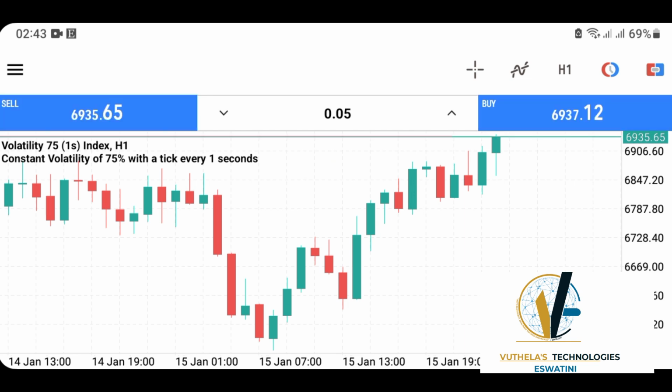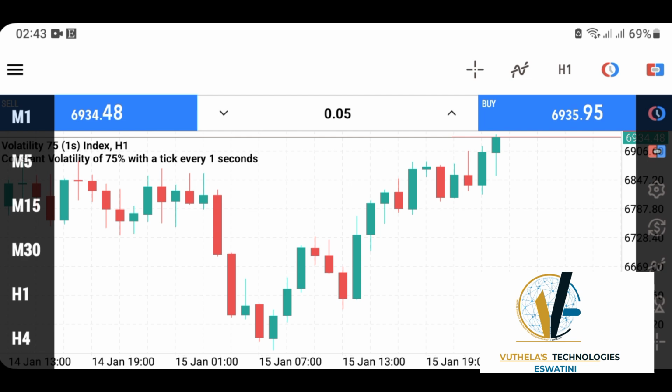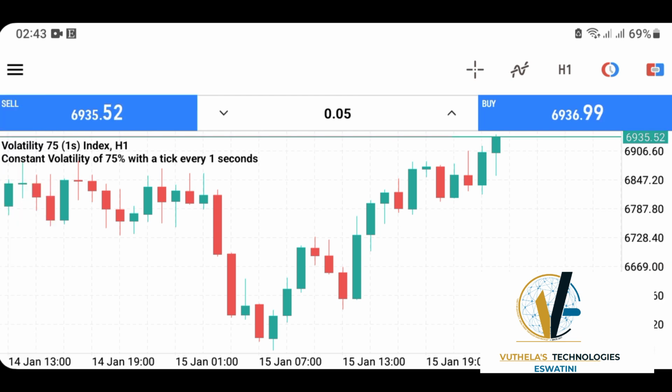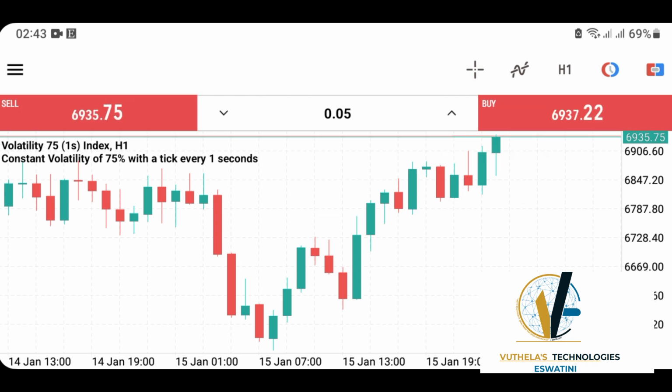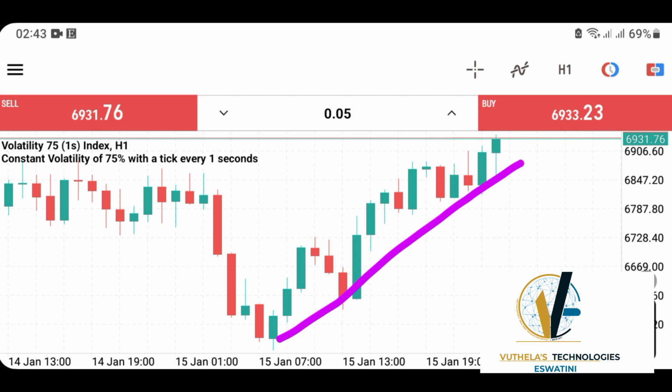So a support is at the bottom, a resistance is at the top. Support can be horizontal, like this one. This one horizontal is a support, it's a resistance. Okay, and also it can go diagonal. This one can be a support, this one can be a resistance.